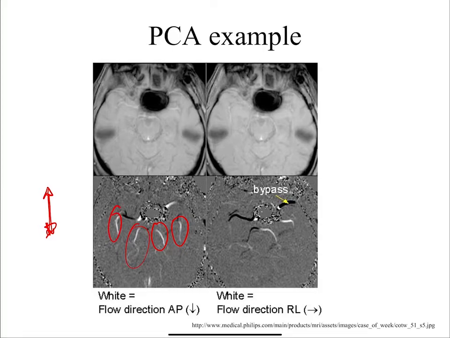Okay. Here the gradient's been applied in the right-left direction. And as you expect, the blood on this side flows this way, and the blood on this side has a negative sign and flows the other way. All right, so phase contrast angiography tells you which way the blood is flowing and also how fast it's flowing.